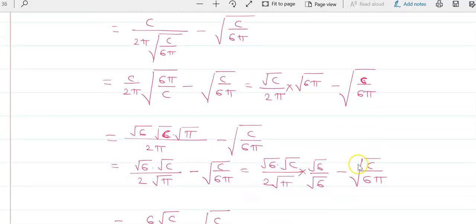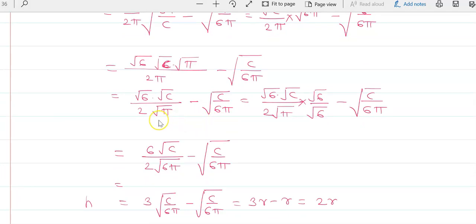Now we simplify here: root 6 root c root pi upon 2 pi minus root of c upon 6 pi. Again here we simplify root of pi upon pi, it becomes root of pi. That is root 6 into root c upon 2 root pi minus root of c upon 6 root pi.